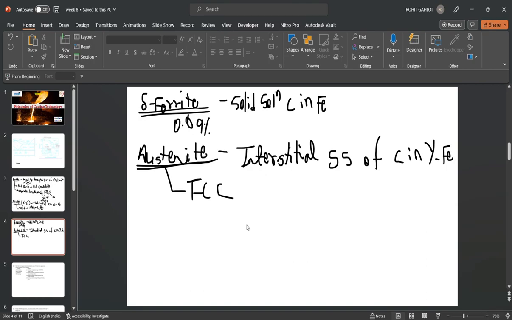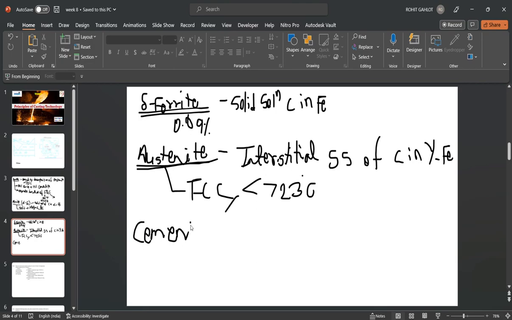It has an FCC structure, and it does not exist below 723 degrees centigrade.